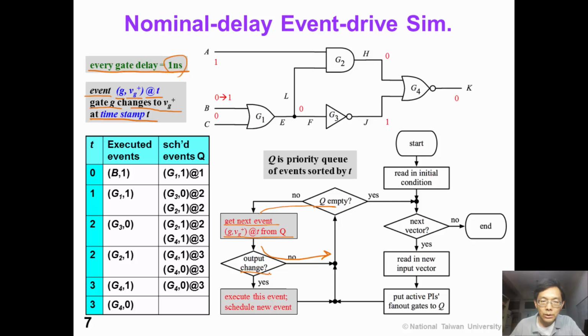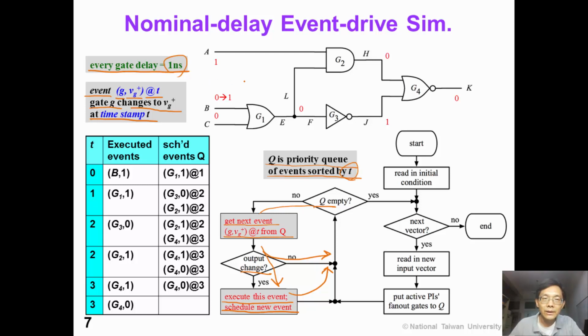If the output does change, then we have to execute this event, which means that we update the output of the gate, and we will need to schedule new events in the future into the queue. Please note that the queue is now a priority queue of events sorted by timestamp T.